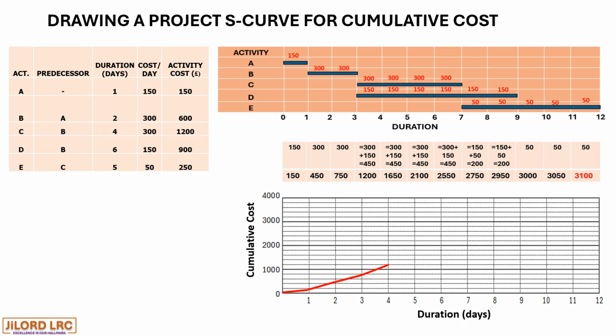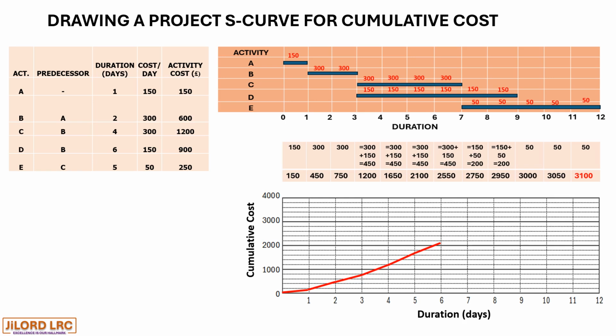On the fifth day, we would have expended 1,650, and that is also shown on the graph. On day 6, we have 2,100, and this is also shown and marked on the graph.